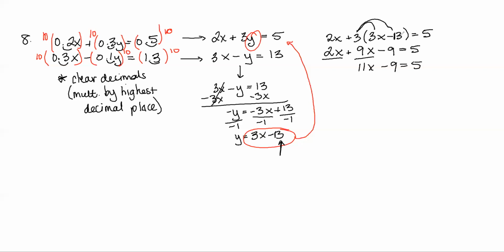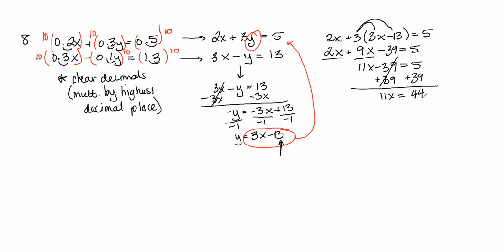And 3 times 13 is 39. All right, so let me fix this 9. Should also be a 39. Add the 39 to both sides. Here we go. So we get 11x equals 44.